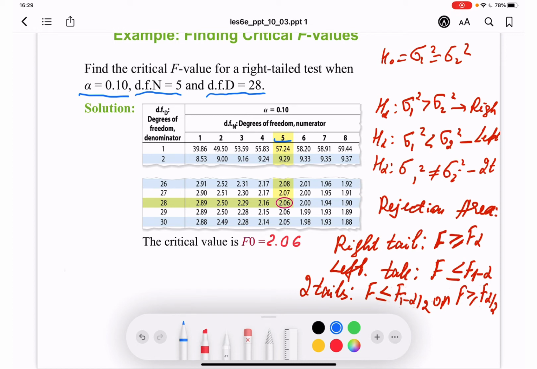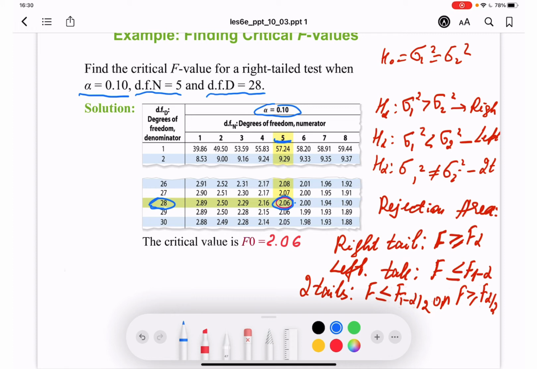And we are taking 28 degrees of freedom for our denominator. So this is the numerator. Here we have 5, here we have the denominator. And for alpha equal to 0.1, the intersection will give us a critical value of 2.06.